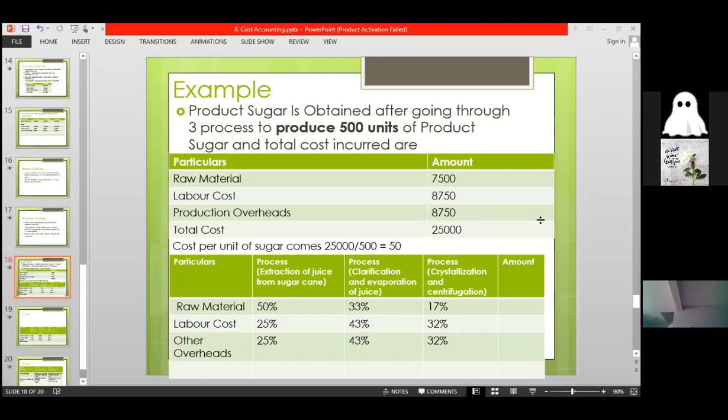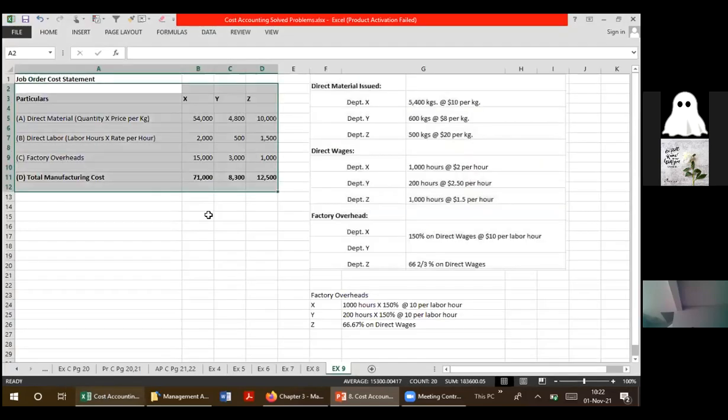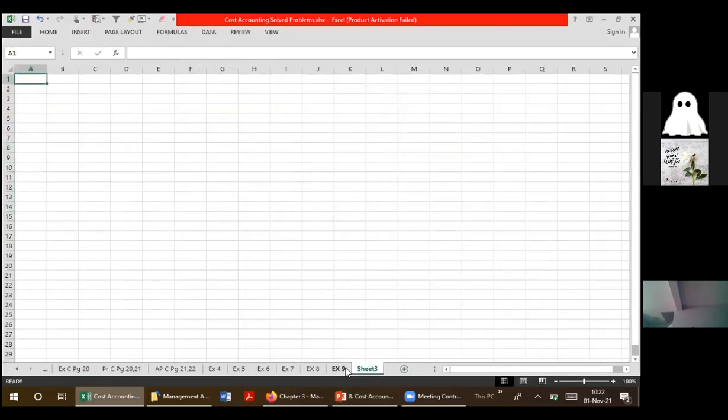Okay, I'll start solving it then. So for this problem, we have three processes as told here.